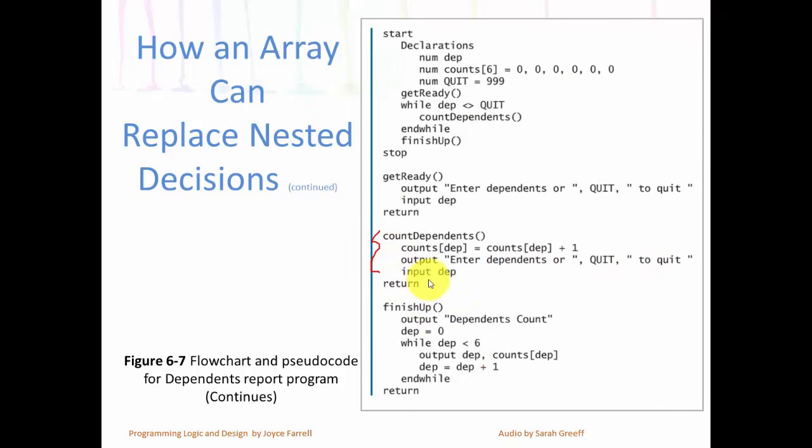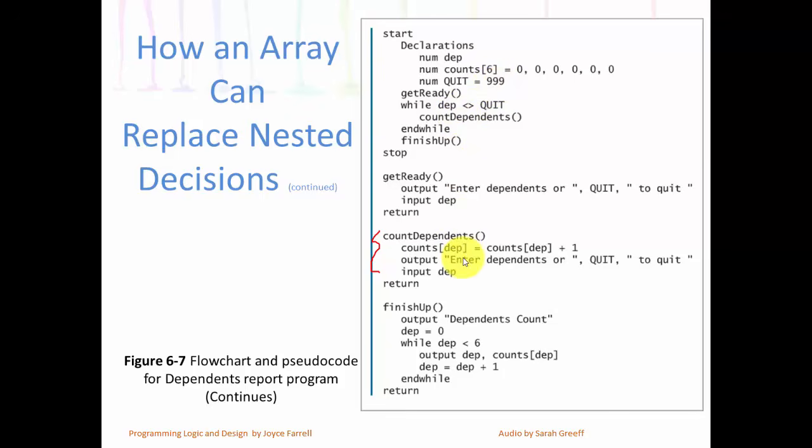Here is the pseudocode of the flowchart which we've just spoken about. If you have a look at our module here, count dependents, all we're doing is with every loop, this is our detailed loop as such. And count dependents here is within while department is not equal to 999. So it's going to loop and loop until we type in 999.